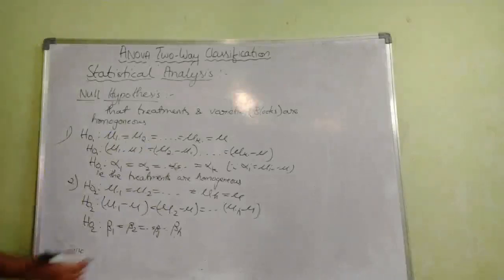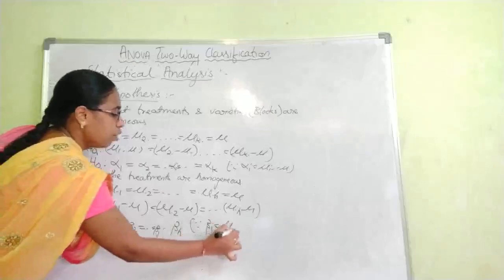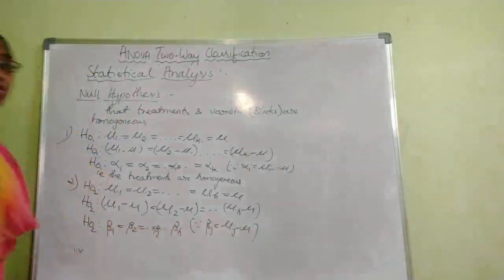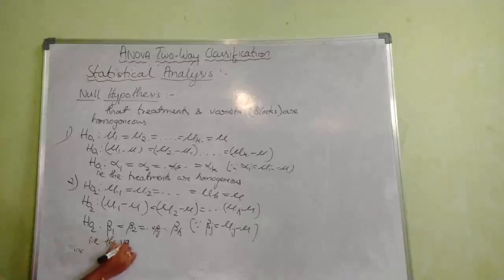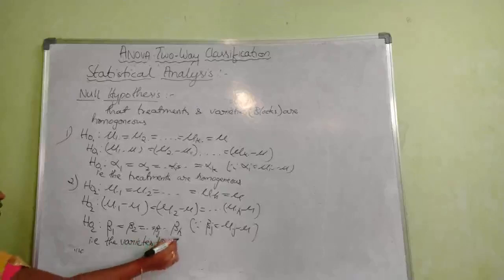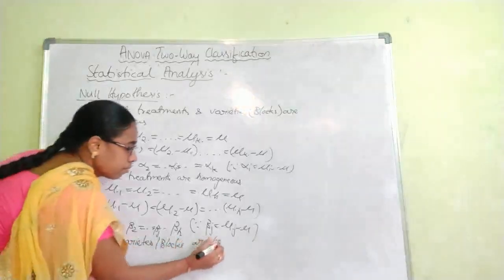Since beta j equals mu dot j minus mu, what does this mean? This means that the blocks or the varieties are homogeneous.